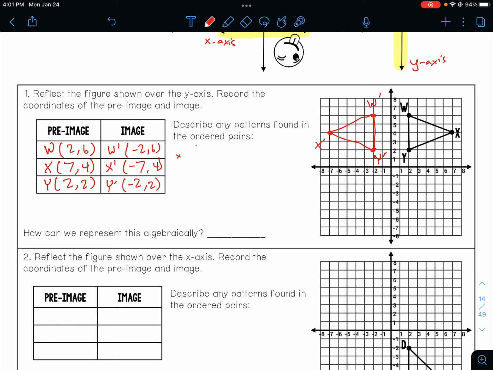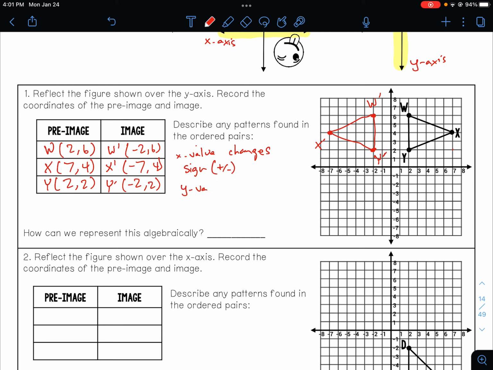So x's value changes signs. And what I mean by sign is the plus or negative sign. The y value stays the same. How can we represent this algebraically?